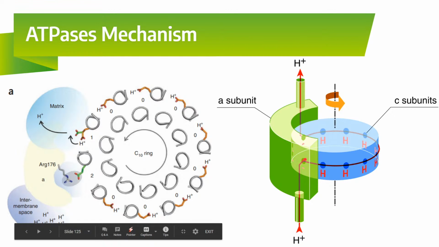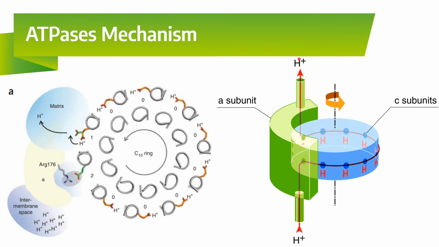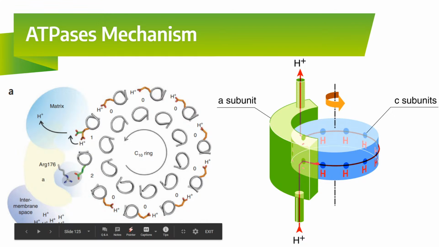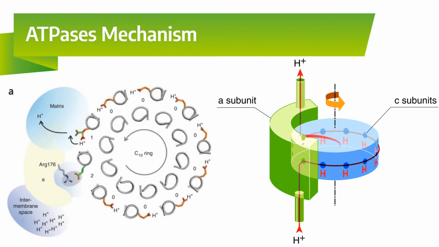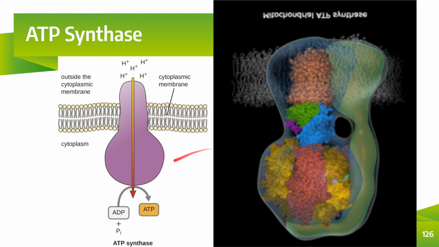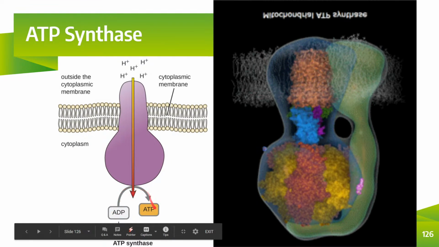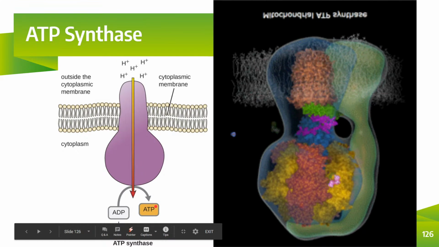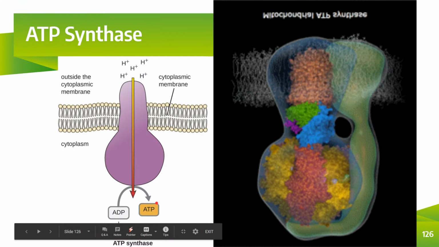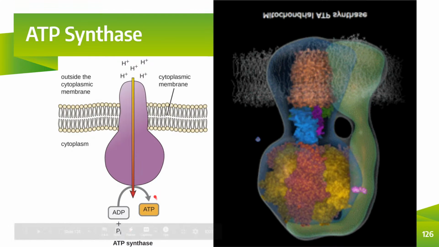So basically being transported through the plasma membrane, and this energy from the transport is then turned into rotational energy, which in turn is turned into ATP, which we know is an energy-rich molecule.